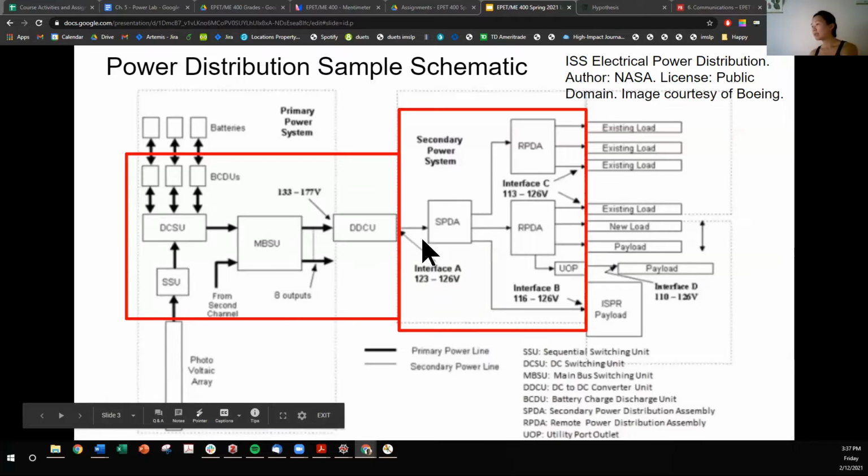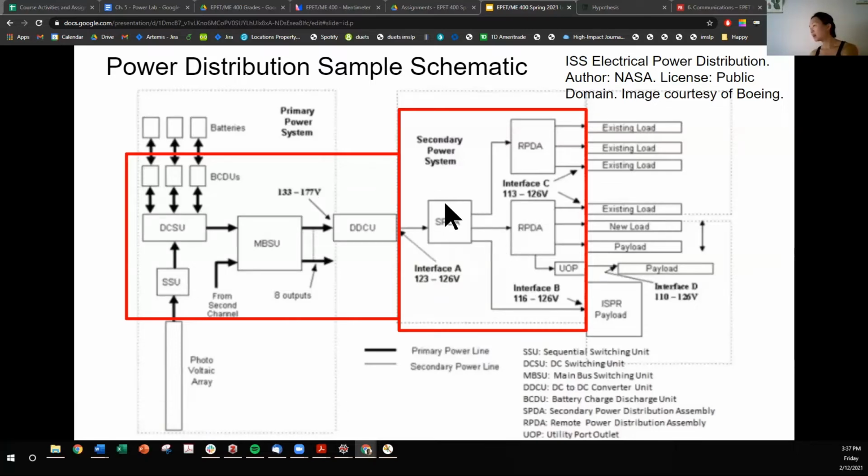Let's see, then SPDA is a secondary power distribution assembly. So that DC to DC converter unit is likely feeding at one voltage. So here it says interface A, 123 to 126 volts. This SPDA is going to distribute this voltage and current to many other different sources.